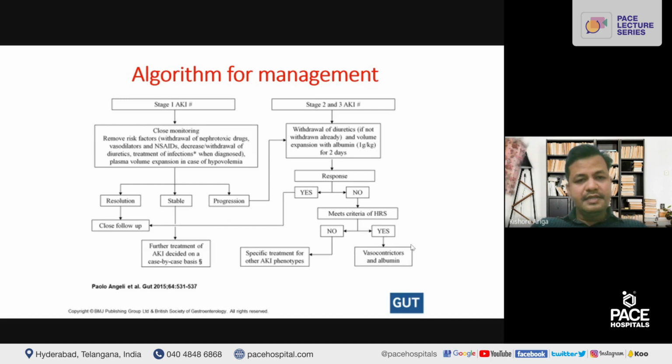This can be divided into stage 1A and 1B. If the creatinine is less than 1.5, it is stage 1A, more than or equal to 1.5, 1B. Here, we need to remove all the risk factors for AKI, like withdrawal of nephrotoxic drugs, vasodilators, beta blockers, or NSAIDs.